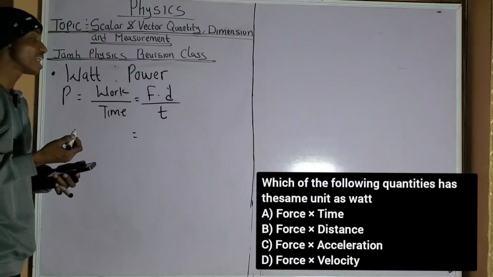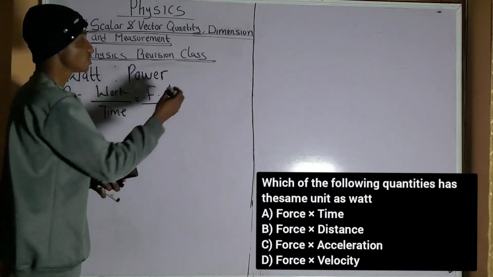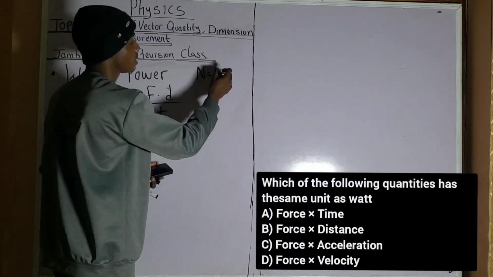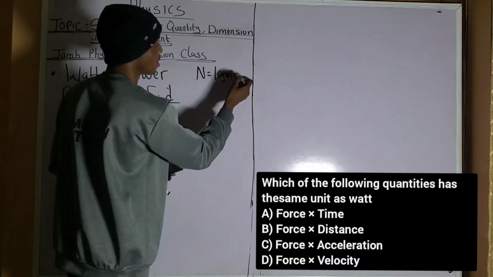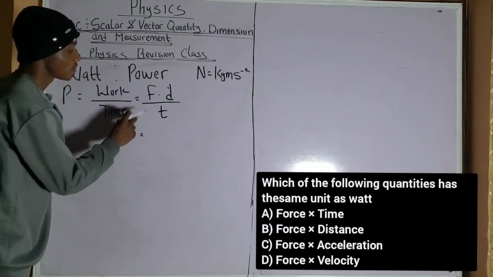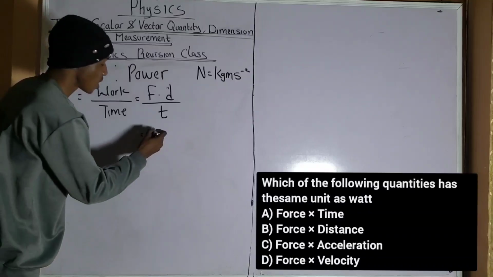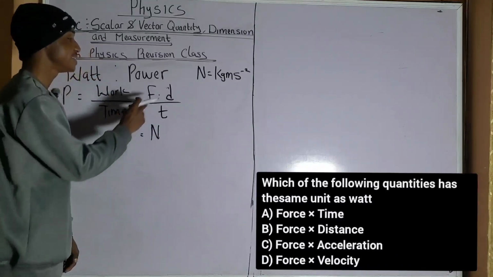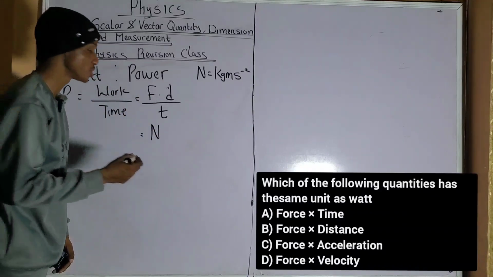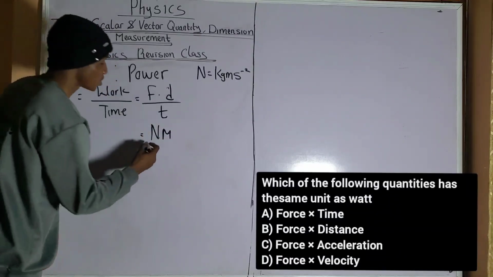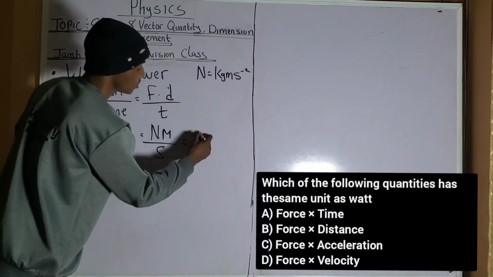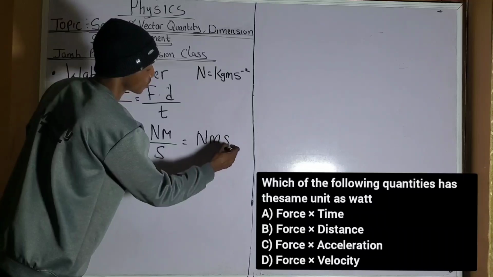The unit of Newton is kilogram meter per second squared. Distance is measured in meter, so I'm going to have Newton meter. Now time is measured in seconds, so I'm going to have S. So this is Newton meter per second, right?